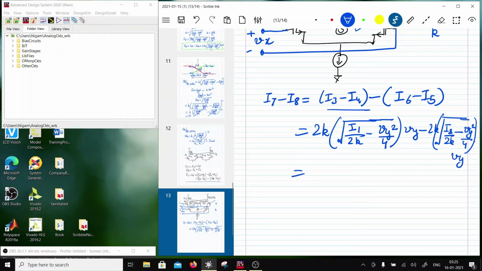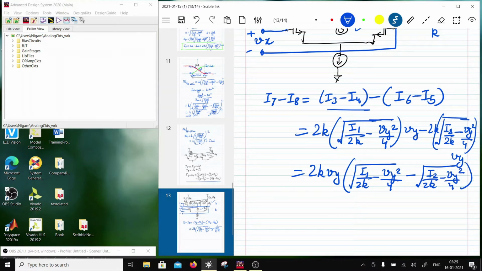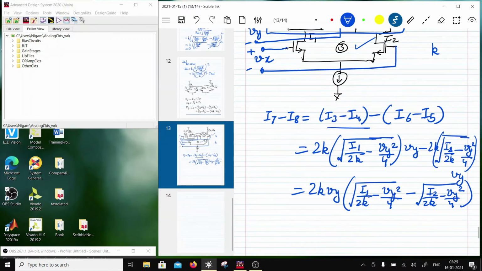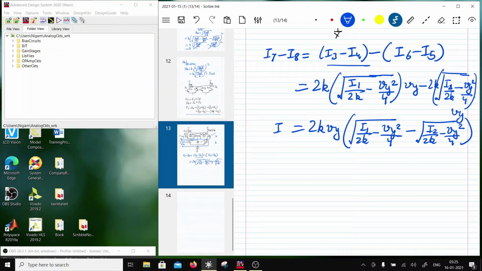So I'll take this Vy common, twice of K Vy, and then I'll be left with I1 by twice of K minus Vy square by 4 minus root of I2 by twice of K minus Vy square by 4. Okay, so this is going to be your output current ID.